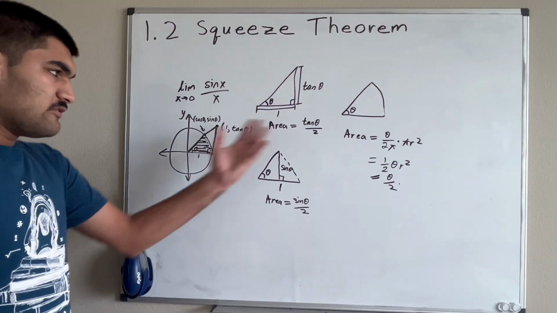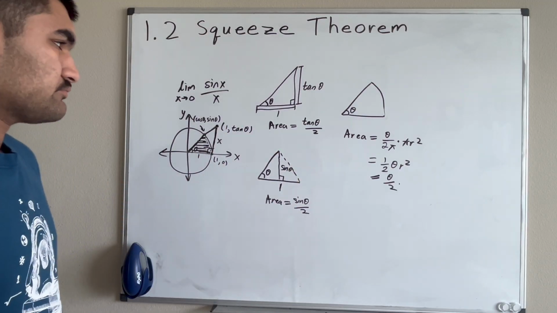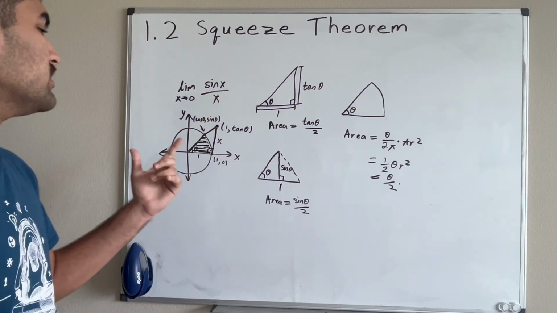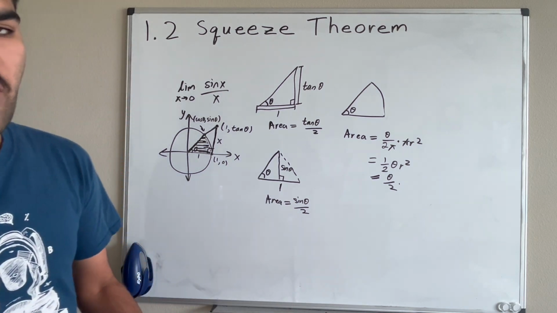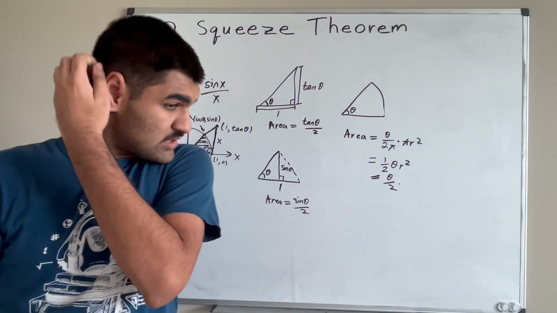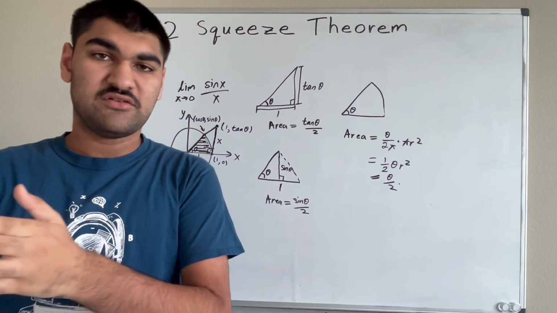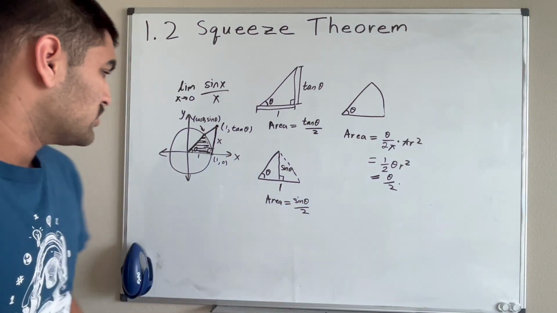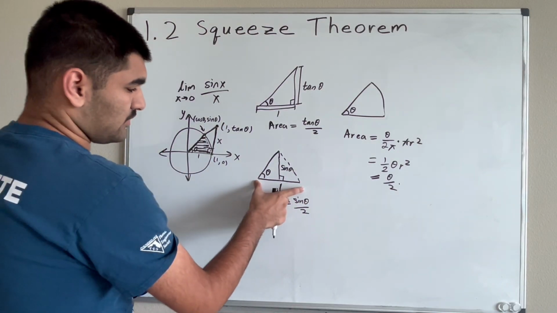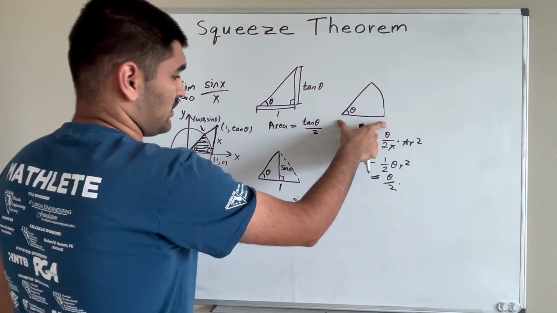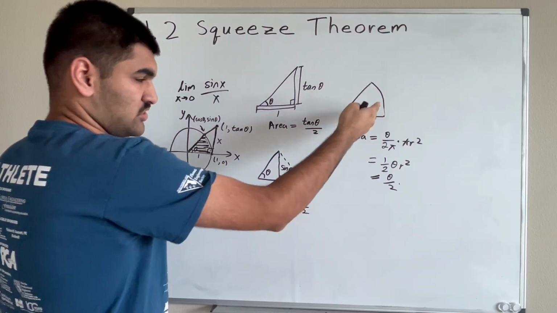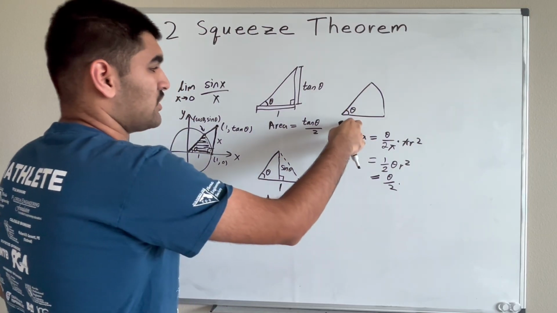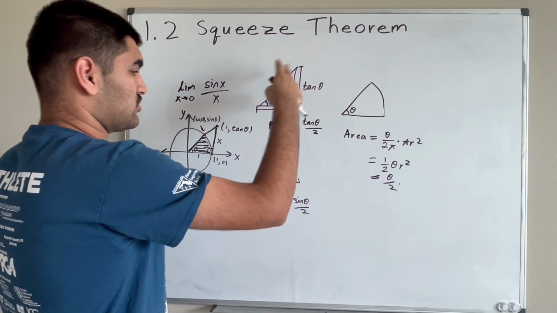So why did we find the areas of all these shapes? Well, it's so that we can create that bound. Because remember, in the squeeze theorem, we require 3 separate functions where each one is successively less than the other one. So we know that this area must be smaller than this area, because this triangle is inscribed in the sector, and then the sector is inscribed within this bigger triangle.